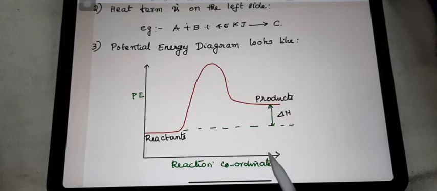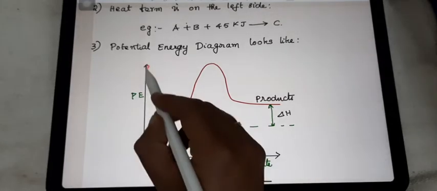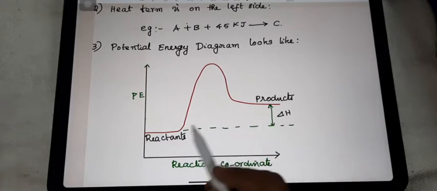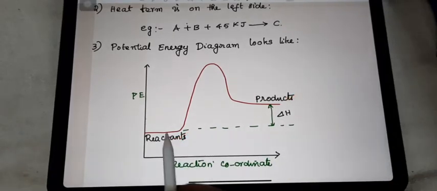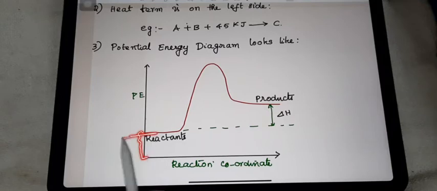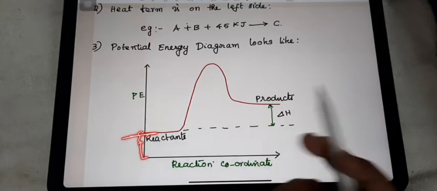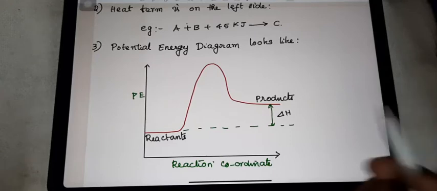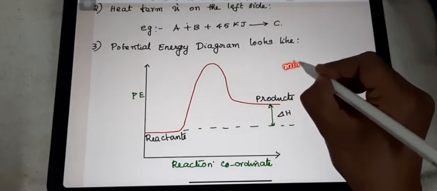You know that this y-axis is the energy. So which has the lesser energy, the reactant or the product? The reactants have the lesser energy. So reactants prefer the lesser energy. When we carry out reactions, in almost all cases we prefer to attain the minimum energy, the lowest energy.